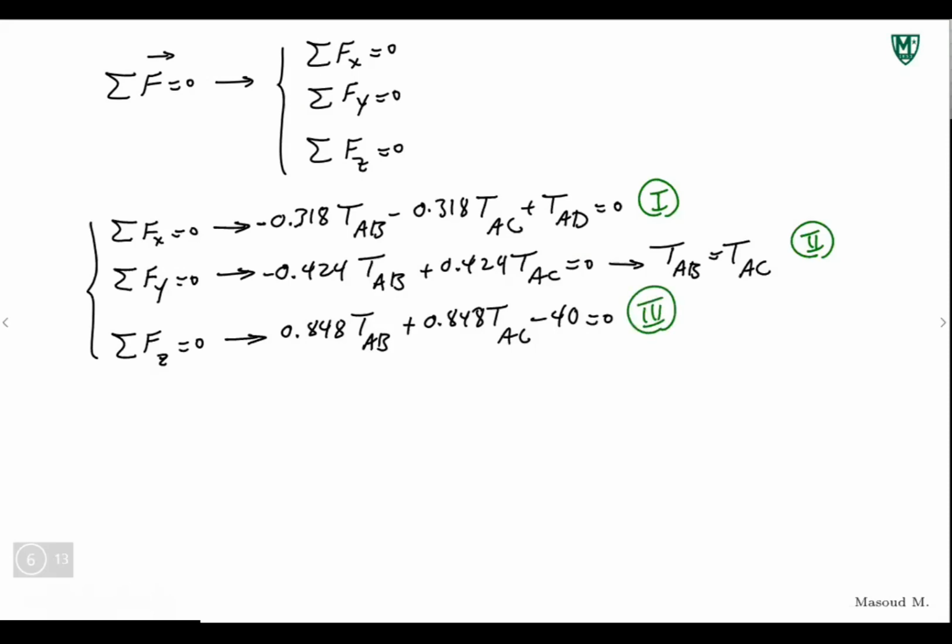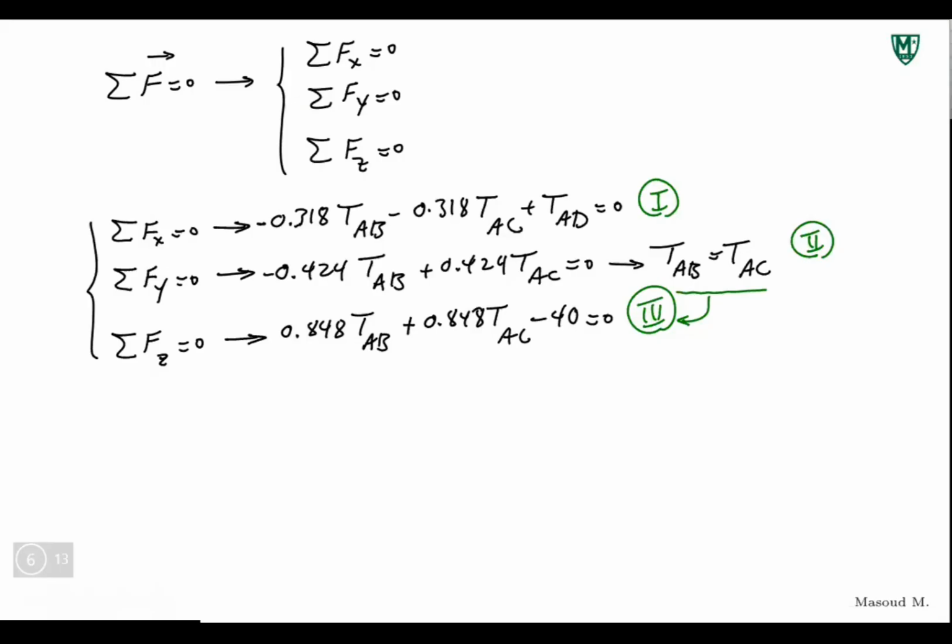So mathematically speaking, we have three equations, three unknowns. All right, we should be able to solve this. The easier way, if you want to actually do it manually, we can just use this TAB is equal to TAC, plug it back to equation number 2. So from there, you can actually find TAB or TAC. There you go.